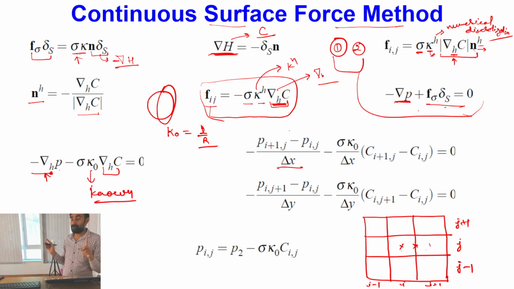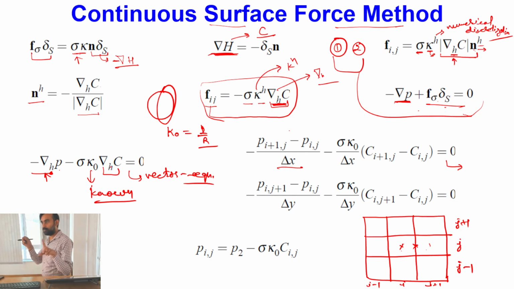Of course, you have to understand that right now, whenever I am resolving this, this is a vector equation, because the gradient will have two components, del by del x i plus del by del y j. So this is my x component and this is my y component.